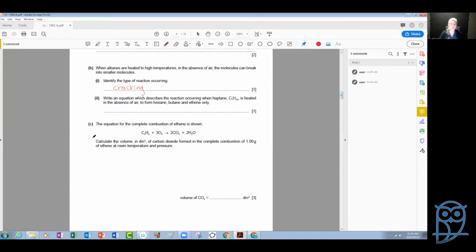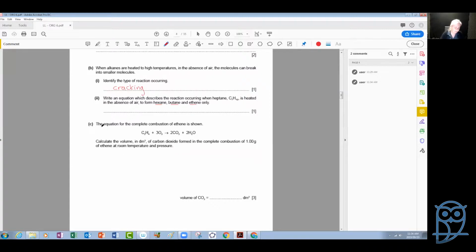And the next question is actually also concerning cracking, and says, write an equation which describes the reaction occurring when heptane is heated in the absence of air to form hexane, butane, and ethene only. So in other words, we have to write an equation that involves heptane and all these products, hexane, butane, and ethene.